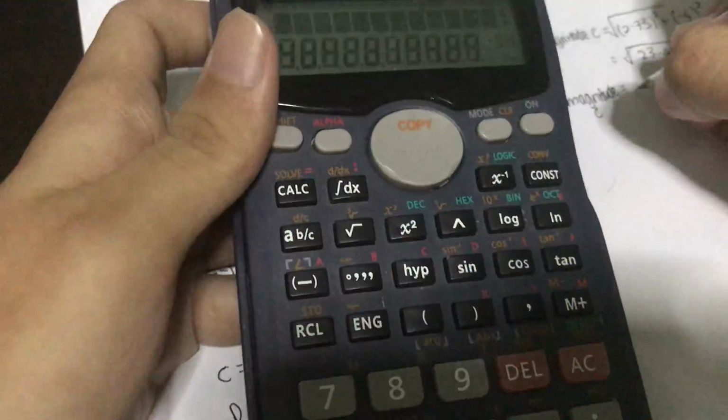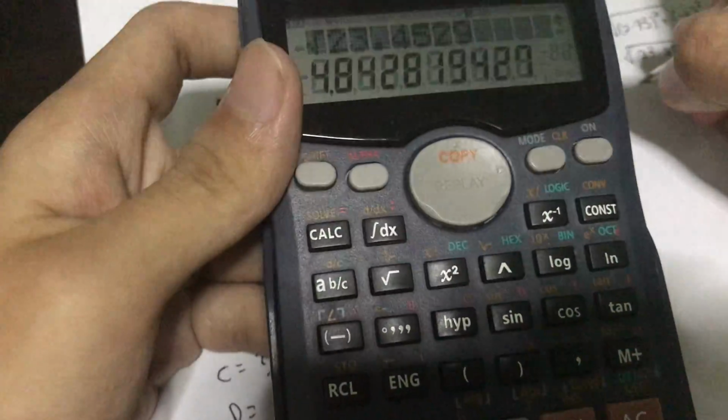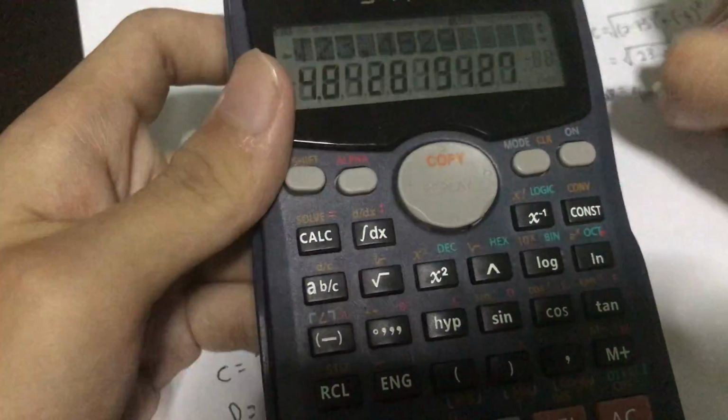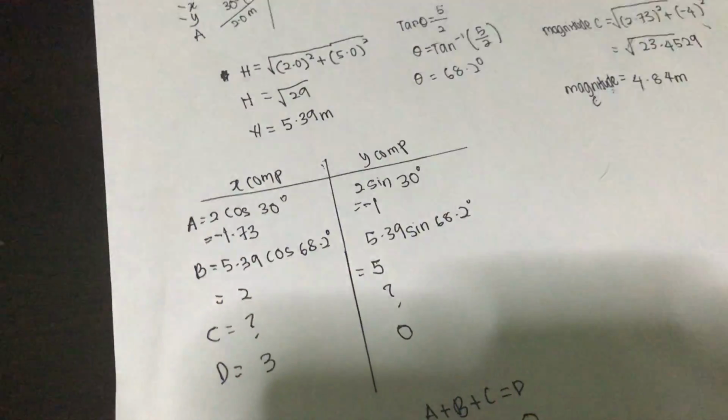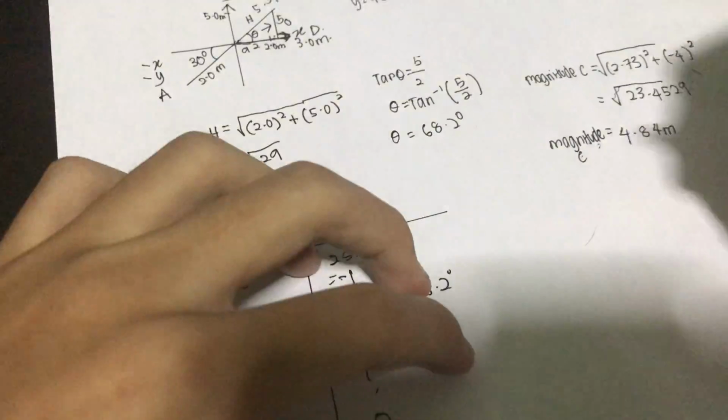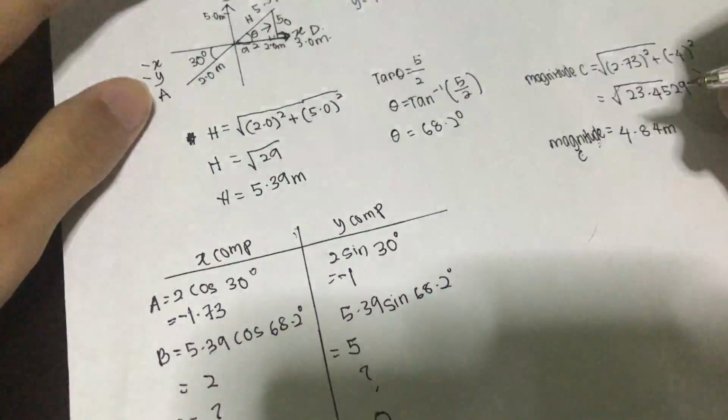So this is the magnitude answer for vector C, 4.84 meter.